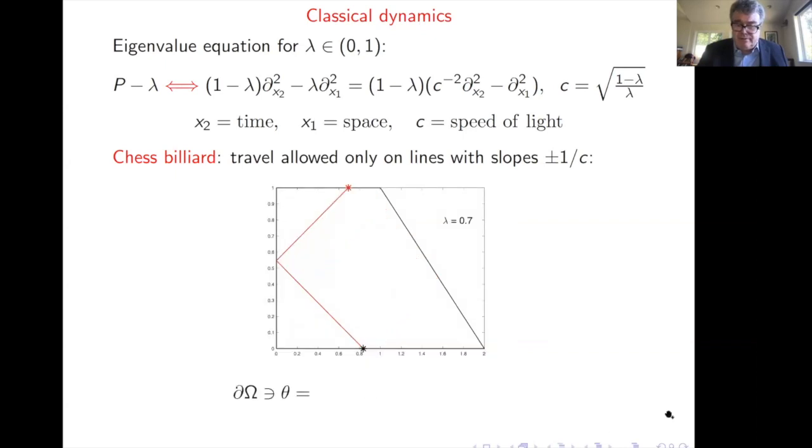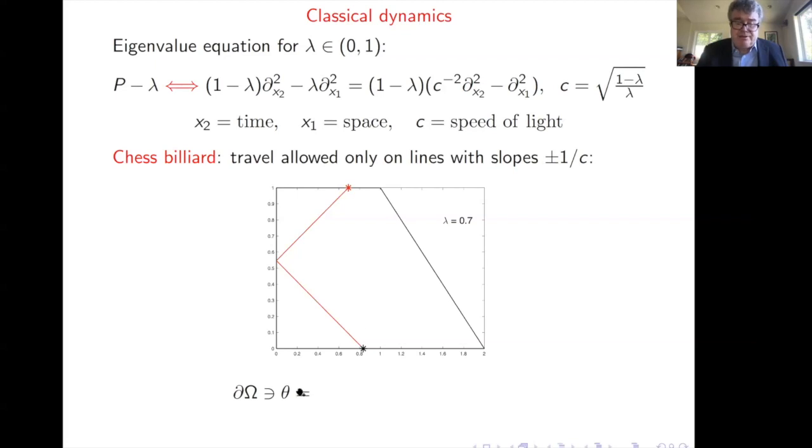The map, if you like, the diffeomorphism of the circle, or diffeomorphism of the boundary of this trapezium, takes a point on the boundary. You then move by a line with a slope minus 1 over c, and then you move by a line with a slope 1 over c, and you end on the boundary again.